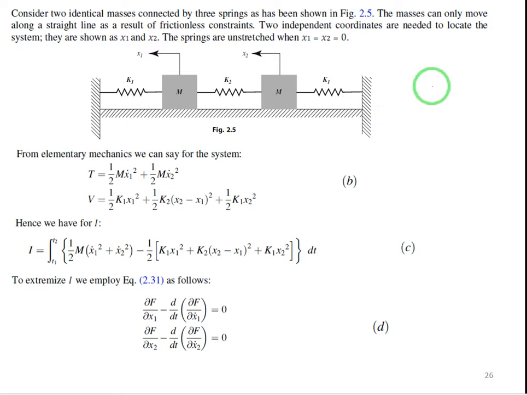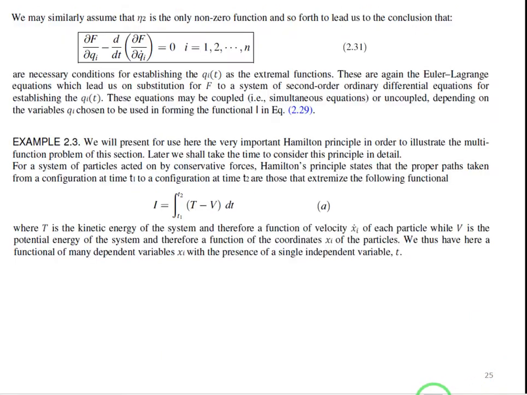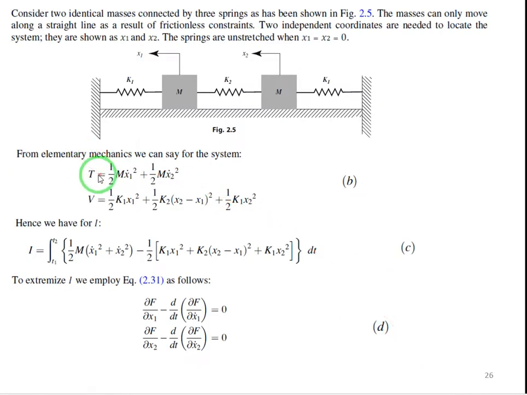Okay, I want to use Hamilton principle to find equations of motion. In order to use Hamilton principle, as we introduced in this slide, we need to calculate two important terms. We need to calculate T, kinetic energy, and V, potential energy. Okay, let's calculate the value of T. T is the kinetic energy.